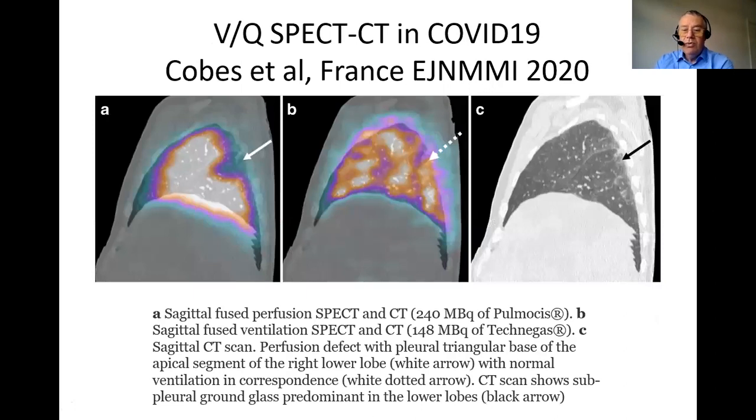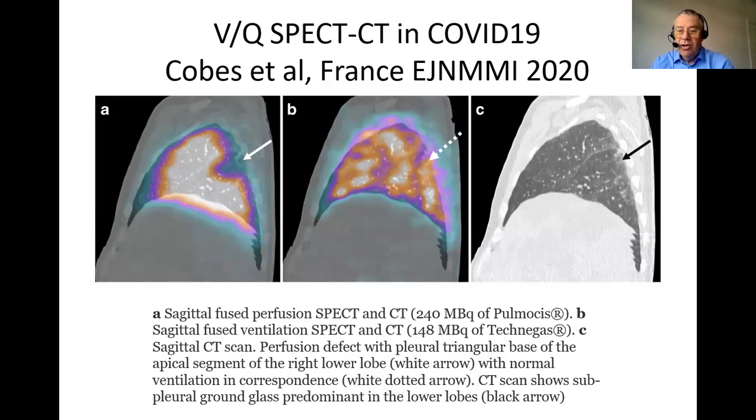More recently, of course, we've been able to use SPECT-CT to look at what happens in patients who have COVID. This was published from France in the middle of last year, and it shows a perfusion SPECT image with a defect which looks like a pulmonary embolism. But you can see also on the middle panel, which is with Technegas, there's very patchy ventilation.